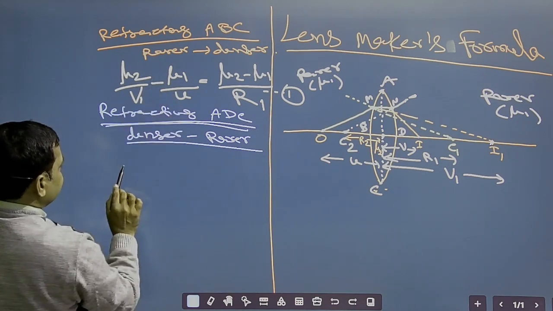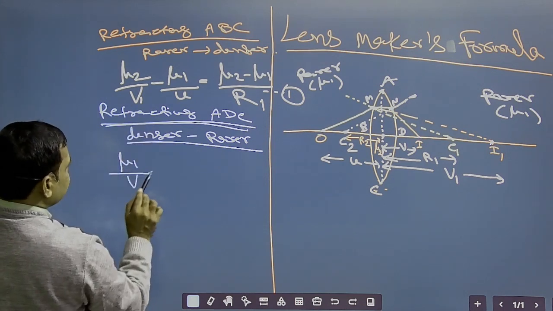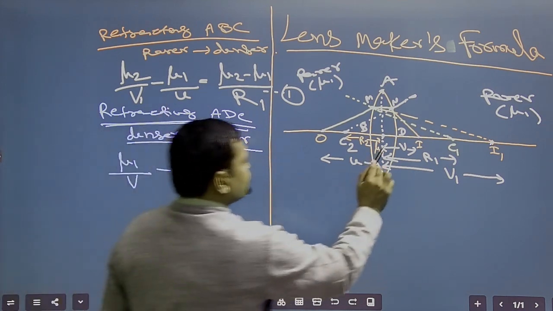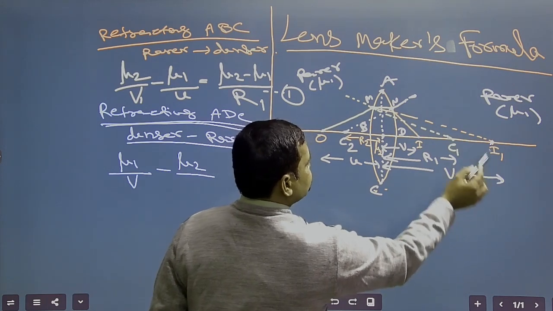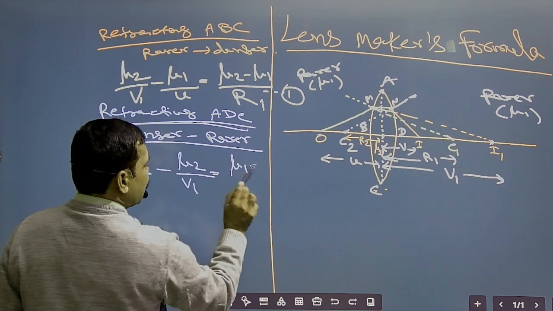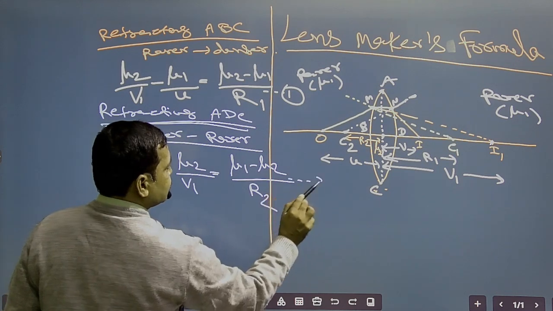So we get mu1 upon the final image distance V, minus mu2 upon U. Here the object distance will be V1 because this is for the second surface. This will be equal to mu1 minus mu2 upon R2, the second surface. Let this be equation 2.